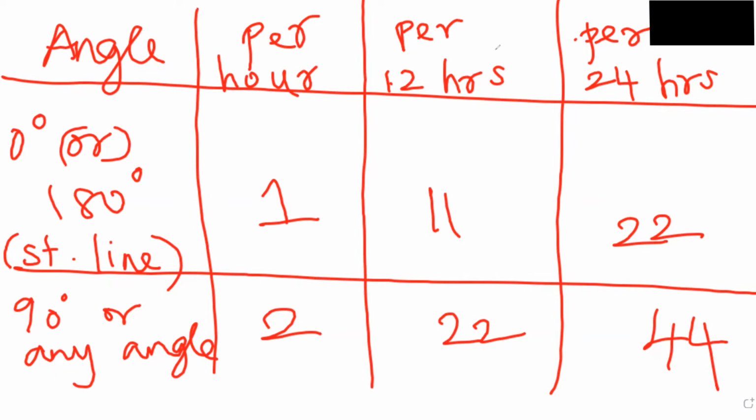Done, ma'am. Okay. Everybody has made a note of it? We have noted it, ma'am. Okay, good. Fine. So let's solve the sum. I'll give you the question. Ma'am, was that all we had to note? Huh?